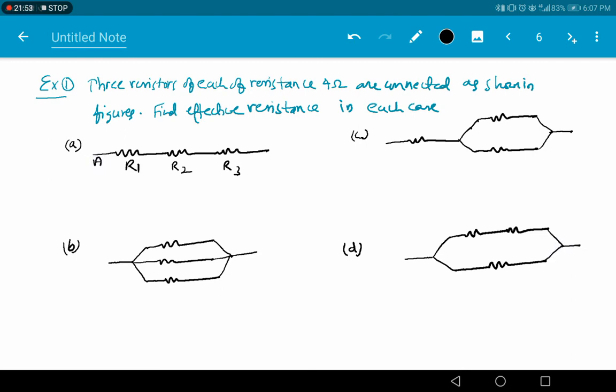They are asking for the resistance between the ends, that means between points A and B.